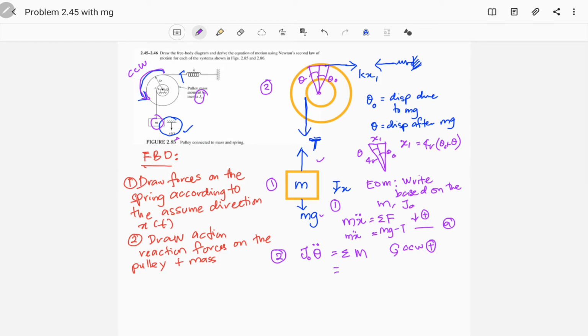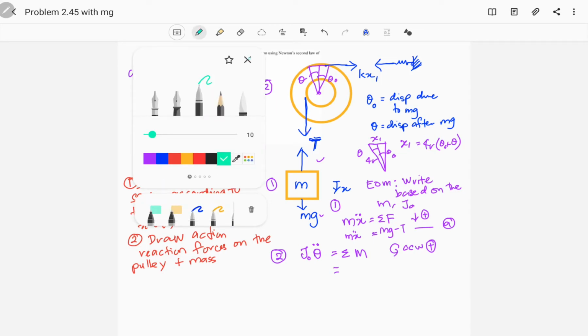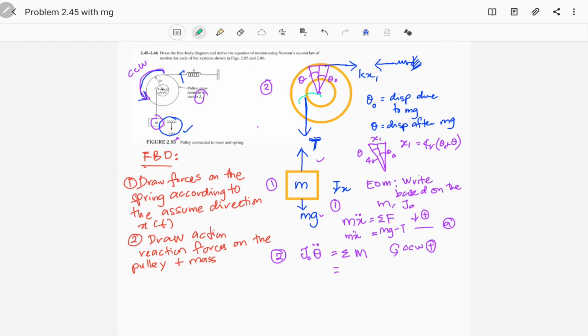If you look here on the pulley, T is going down. If you go from the pivot point here to this force here, you can see that it's counterclockwise. Maybe I can draw. From here to here, it's counterclockwise, same. So that would be positive, but the K is actually clockwise, because from that point here to this arrowhead is clockwise.